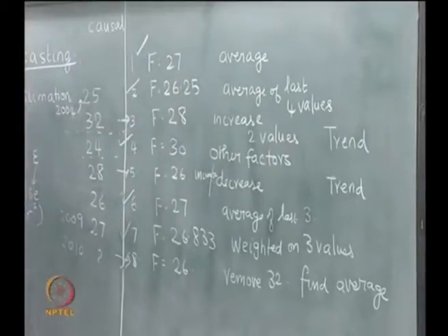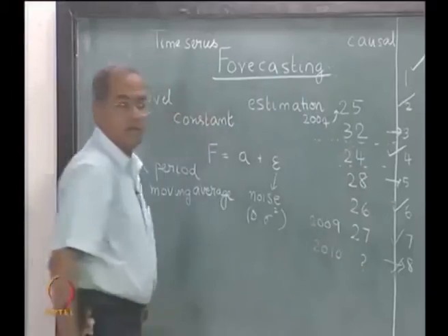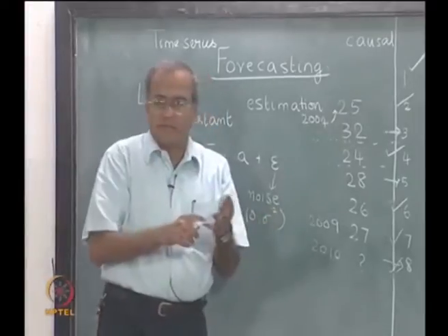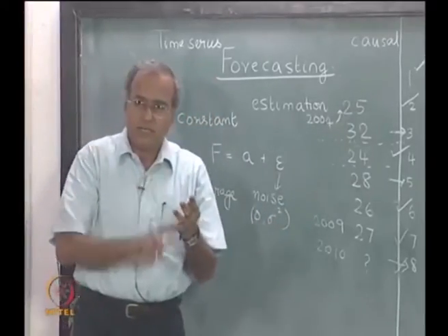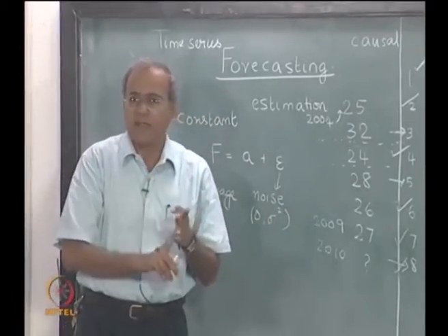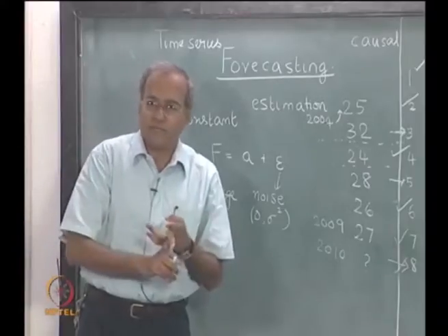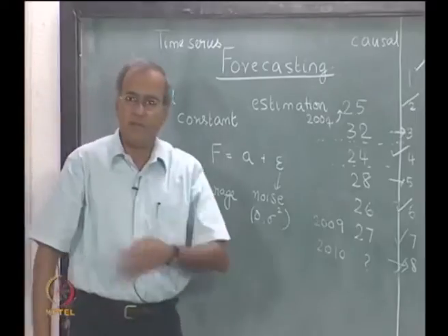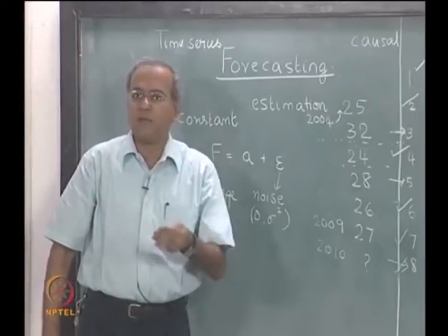Now, let us look at one more thing. Let us look at these pieces of data once again. If we look at the 4 models that we have seen, the arithmetic average, the weighted average, the moving average and the weighted moving average, all of them have advantages and perhaps a little bit of limitations.